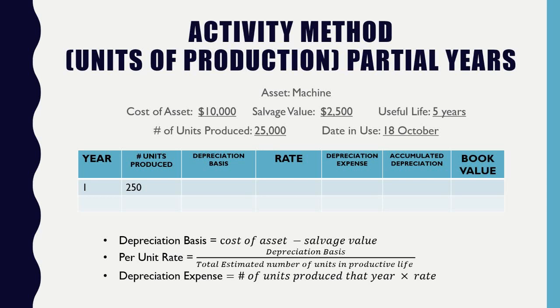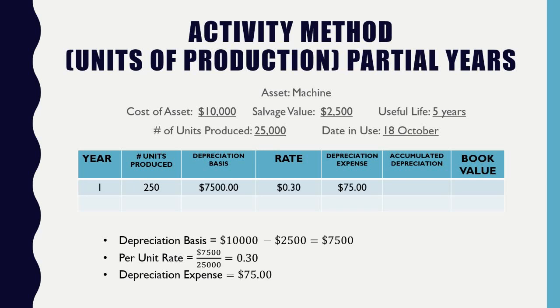So let's go ahead and solve for my depreciation expense. Start with the depreciation basis. The cost of my asset is $10,000. Salvage value is $2,500. So my depreciation basis is going to be 7,500.